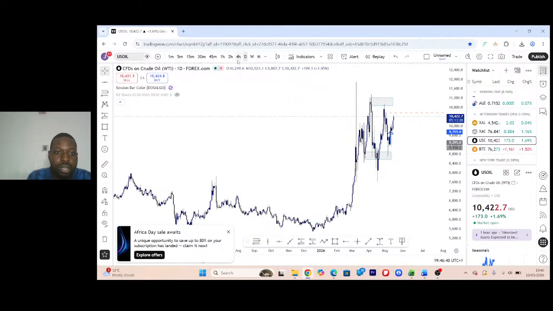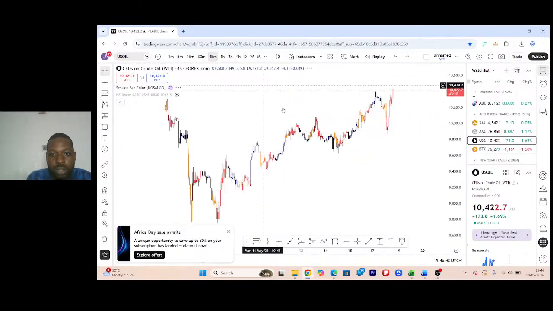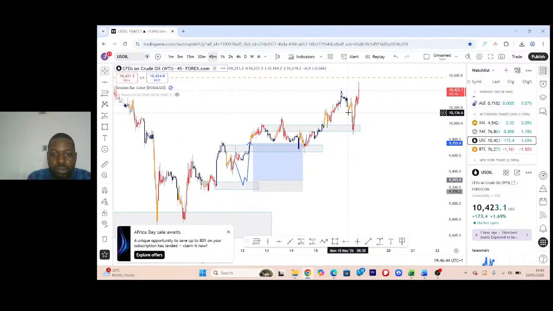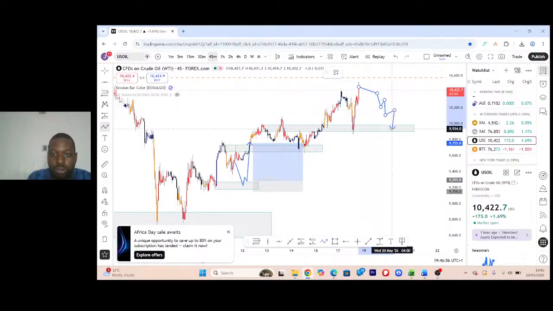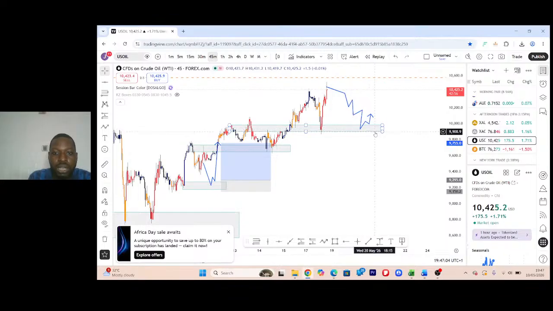It's moving on the upside. And so the best we can do is maybe we can just wait for price to come down to this level, because it is better that way, because you are more in control when you wait for your setup than when you enter any setup. So wait for price to come to this level first before we finally enter.